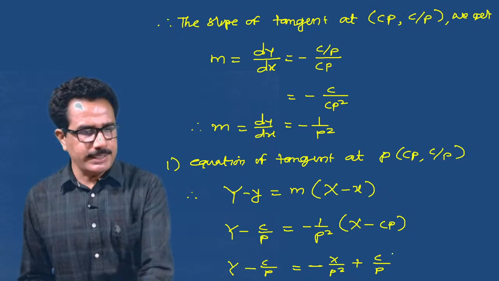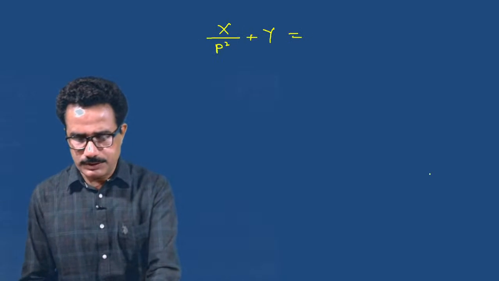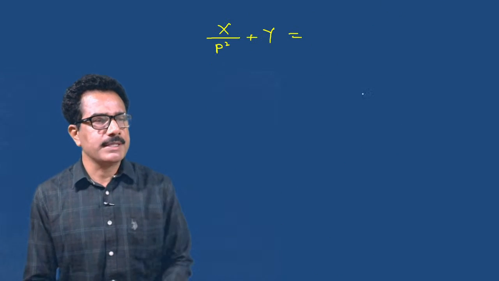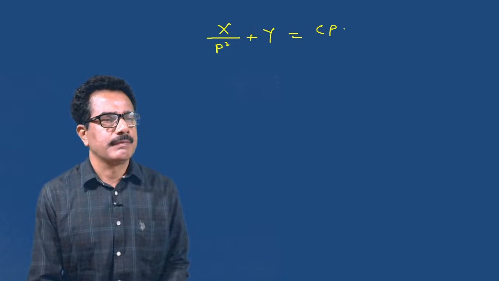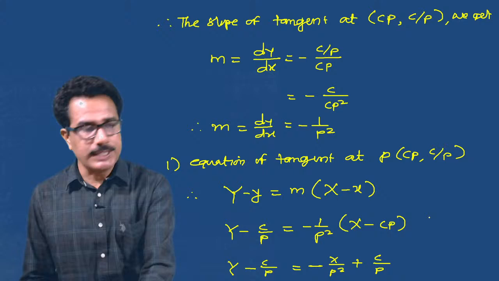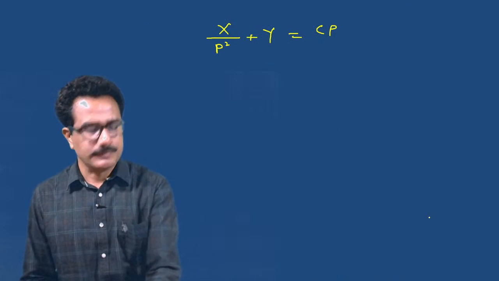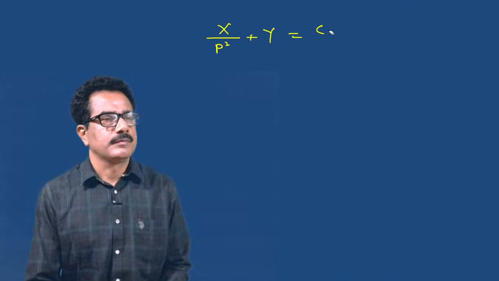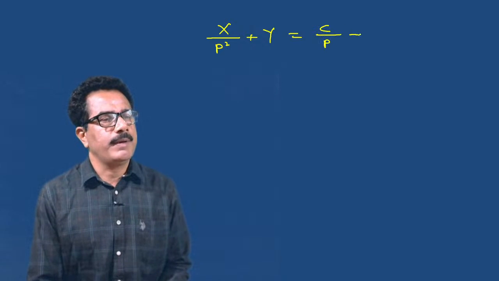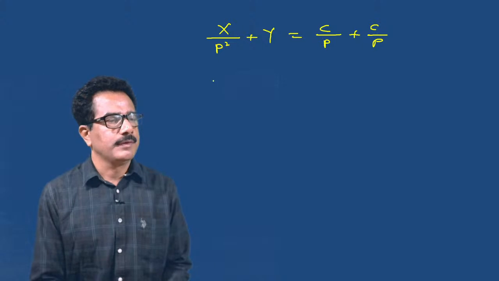So we can write x divided by p square plus y is equal to cp plus cp, I mean c divided by p plus c divided by p.